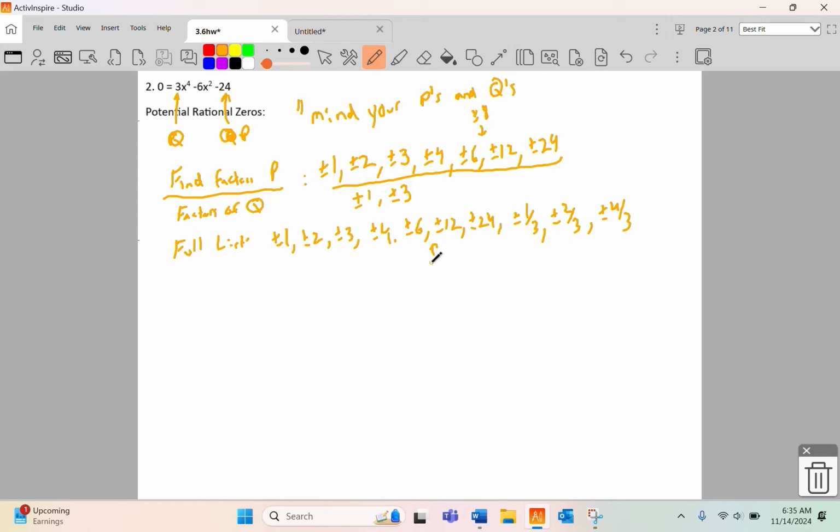Need a plus or minus 8 in here somewhere. There's a full list of the factors, of potential zeros.